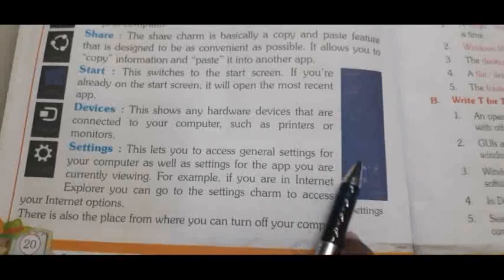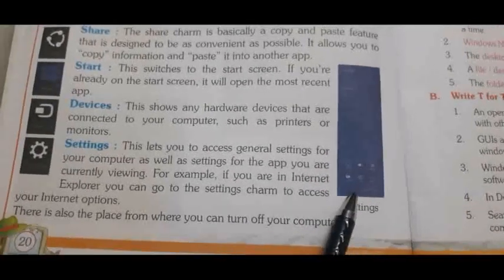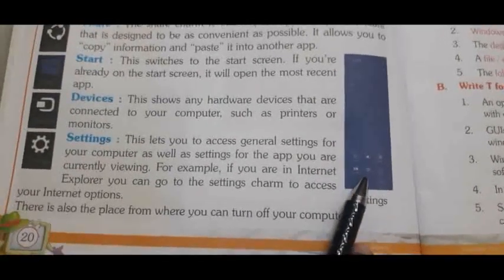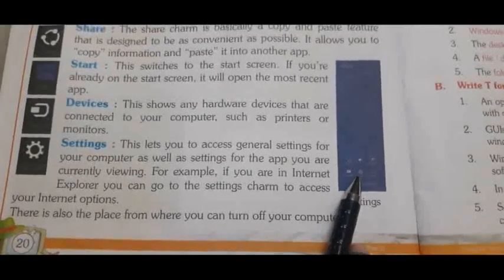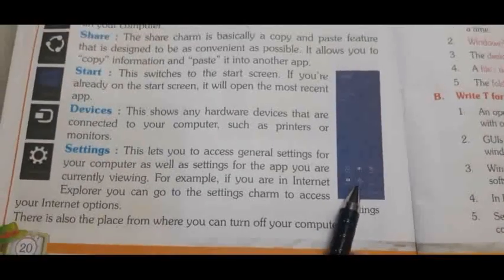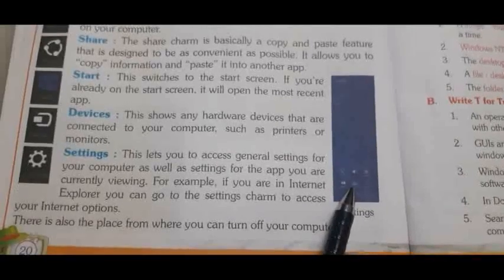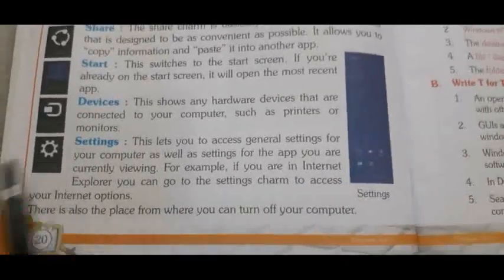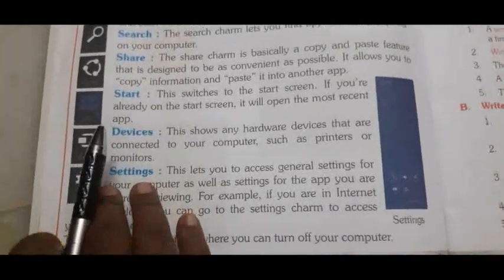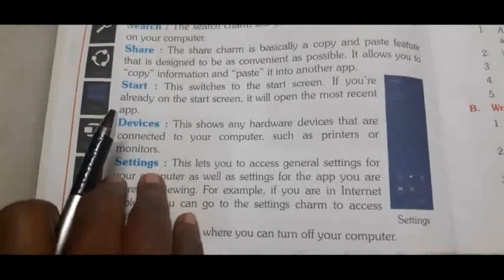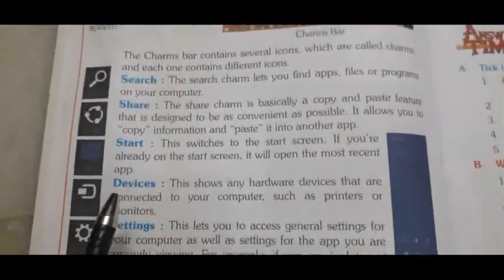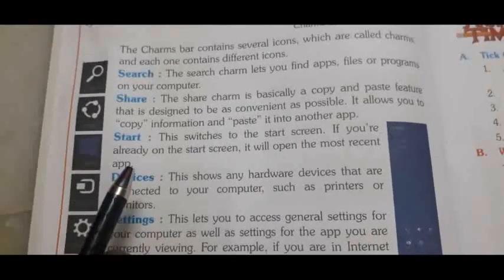From here we can turn off our computer. See, one small button is there. This is called the turn off button. If you click here, we can directly turn off our computer. So this is about the start screen of the Windows 8 operating system.